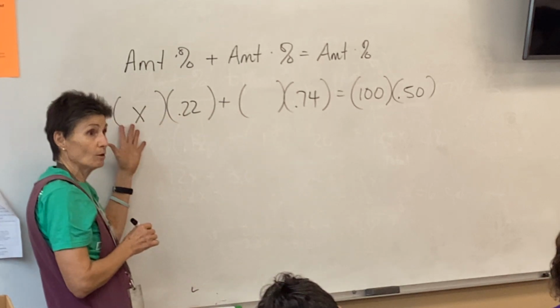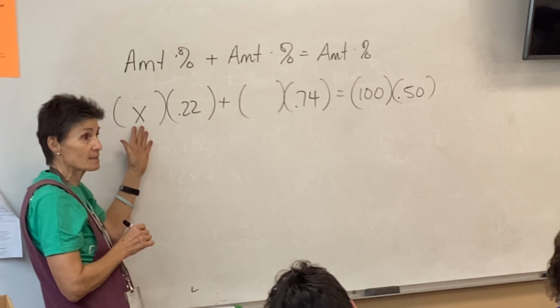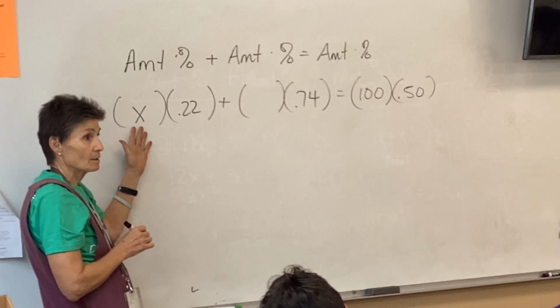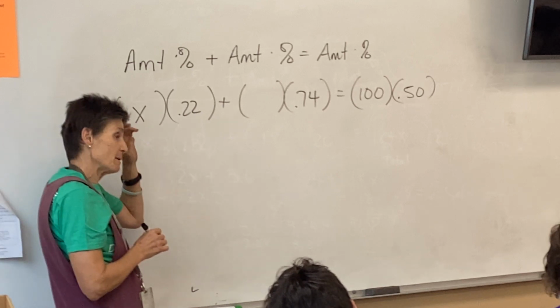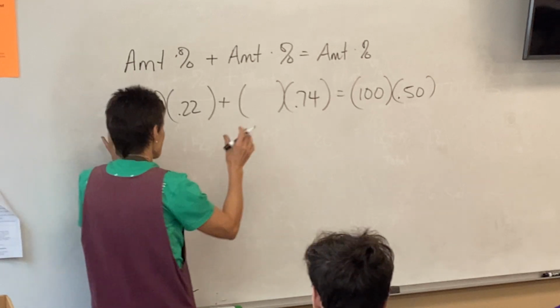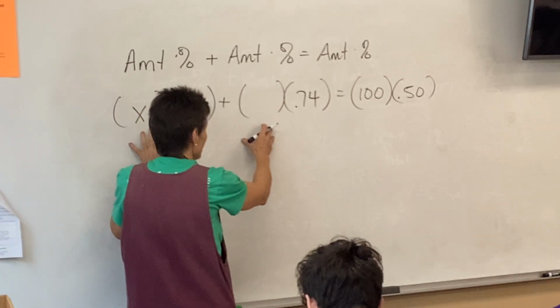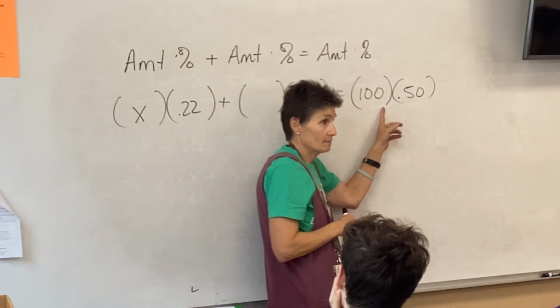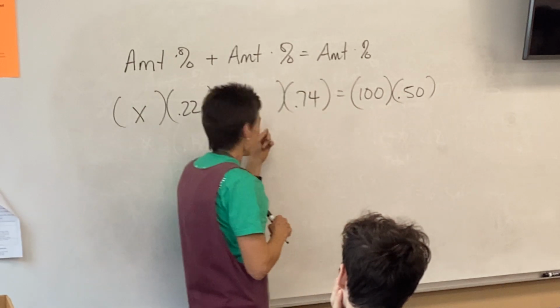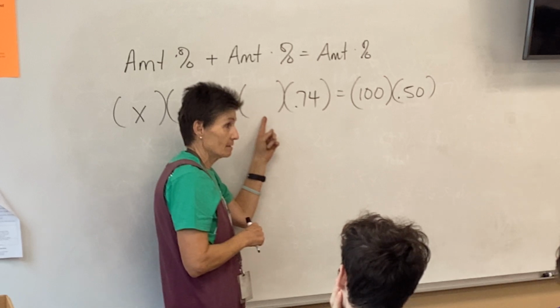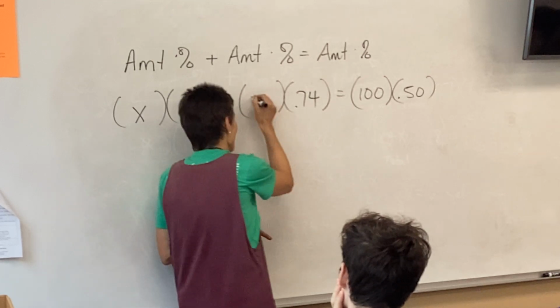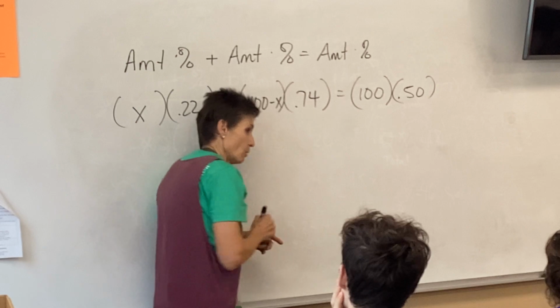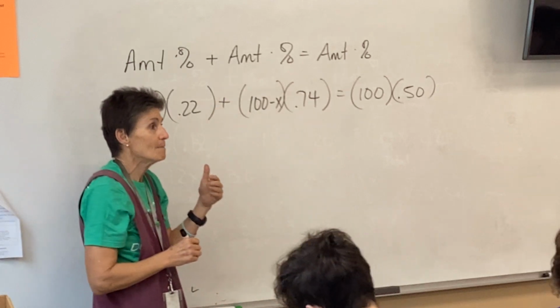So doesn't it still make sense to have that be the X? Okay, now be careful, because these two are going together to make 100. So this is not going to be 100 plus X. It's going to be 100 minus X, very good, Noah.